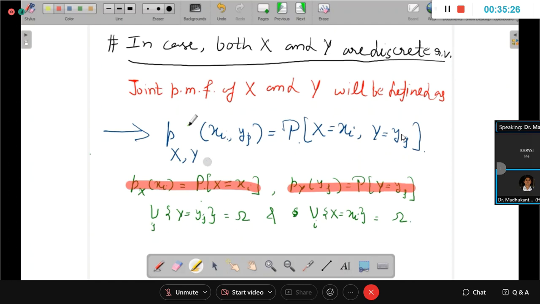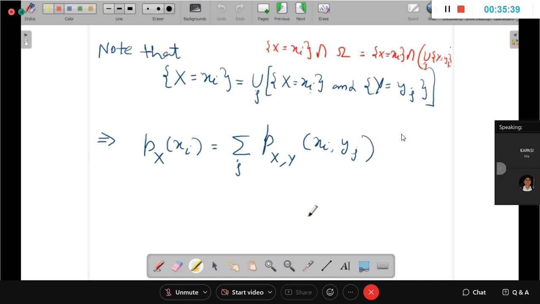Now you can get back to these by using these results. In the next slide I have written that. So here, x equals xi you can write as the union over j of x equals xi and y equals yj, following the previous discussion.